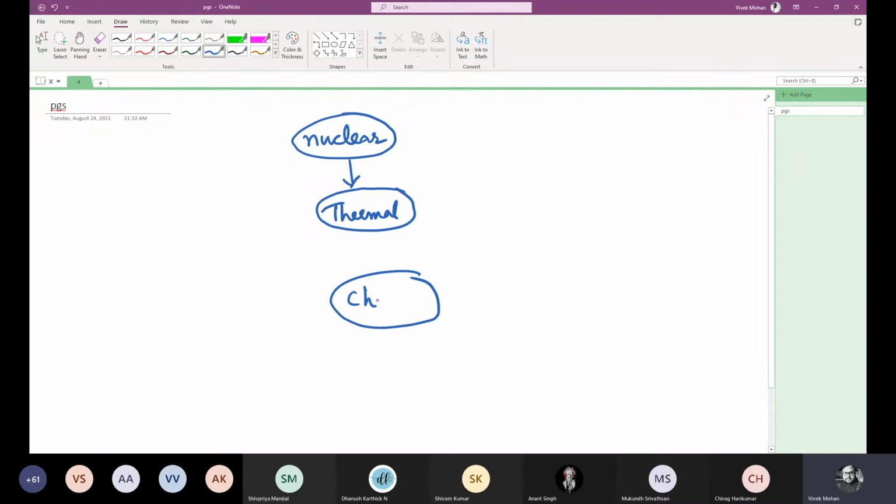What all are there in chemical form? We have coal, oil. These are fuels in the chemical form, but they will be converted to another form. So it can be gas or oil or coal or biomass or maybe hydrogen also. So this chemical energy is converted to thermal energy.